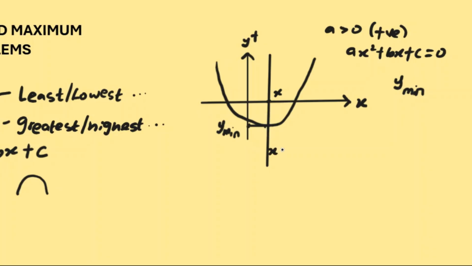The equation of the line of symmetry is given as x is equal to minus b over 2a. From quadratic equation, there's a formula for minimum value, which is y minimum is equivalent to 4ac minus b squared, everything divided by 4a.